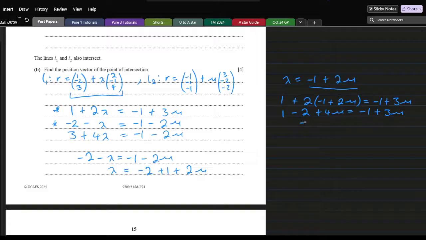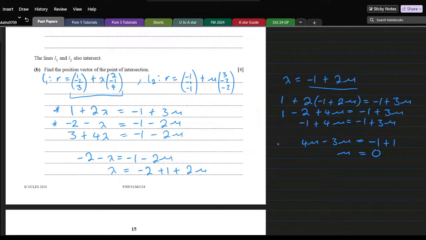Okay, so that's negative 1 plus 4 mu is equal to negative 1 plus 3 mu, and we want to make mu the subject of the formula, so that's 4 mu minus 3 mu is equal to negative 1 plus 1. So in this case we get that mu is equal to 0.